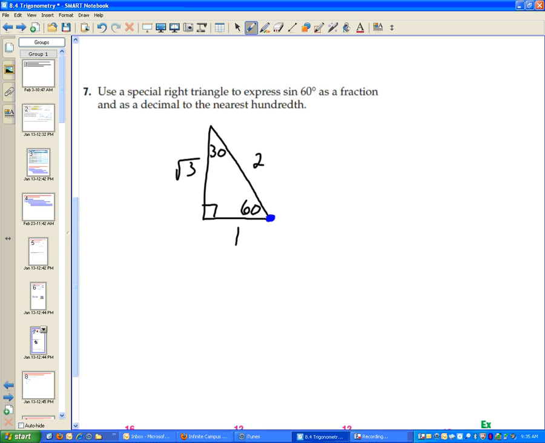That's the vertex of the 60-degree angle. So the sine of 60 equals opposite. What's opposite? Square root of 3 over hypotenuse, 2. That's it. All right. We okay with that?